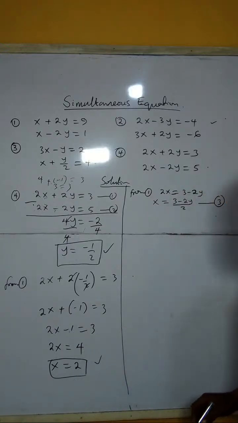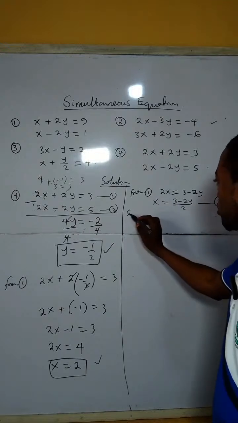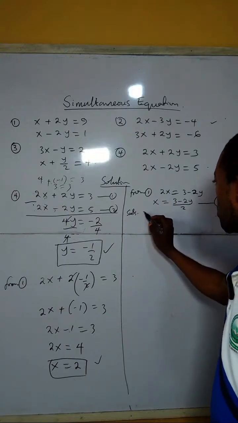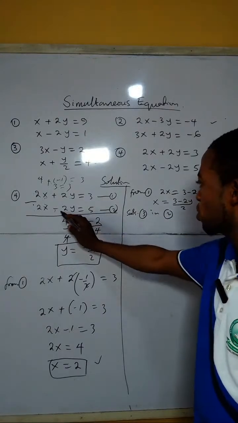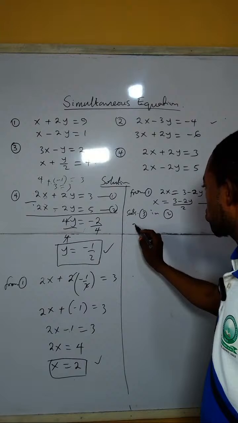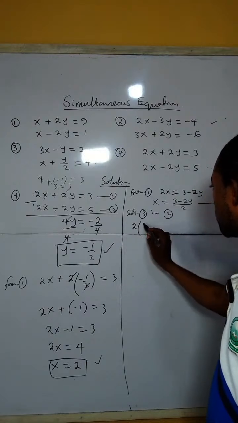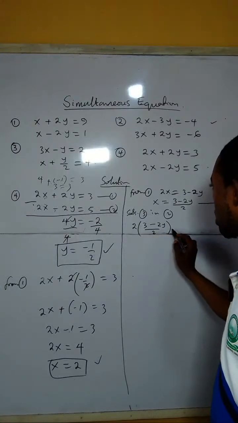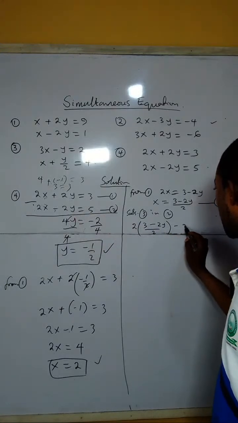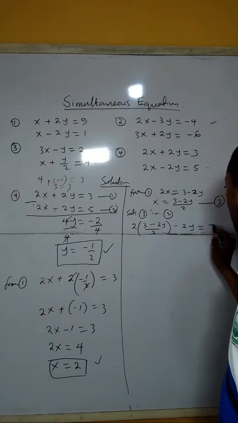Then substitute equation 3 in equation 2. That is, equation 2 here becomes 2 times x, which is 2 times 3 minus 2y over 2, then minus 2y equals to 5.